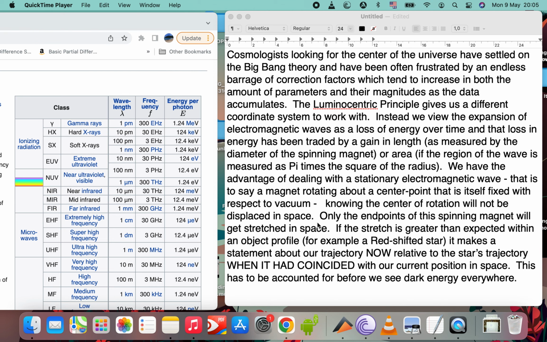Because the trajectory is a stationary object. Those photons left behind by the star are a stationary marker of the star's trajectory. And we're not stationary with respect to that trajectory. So we're measuring that. Thank you.